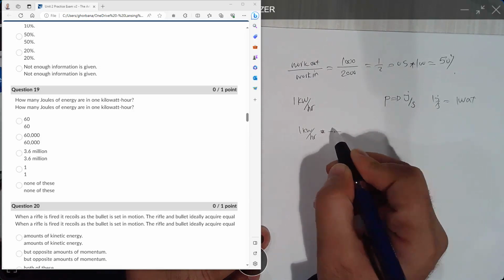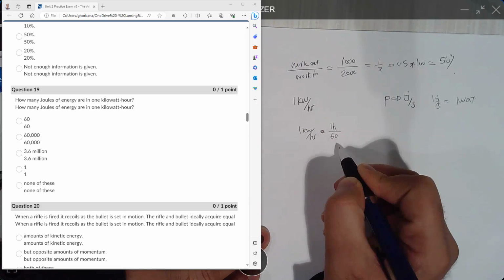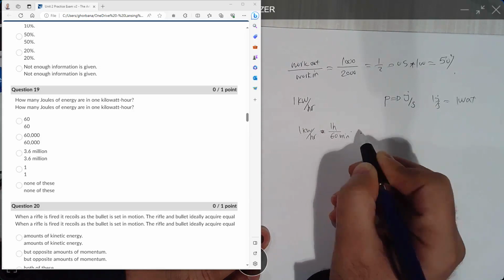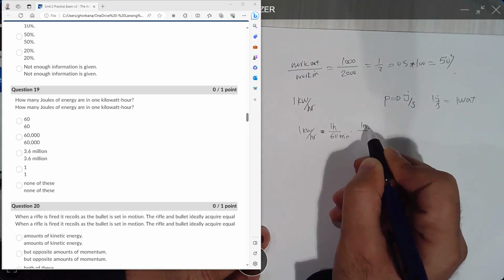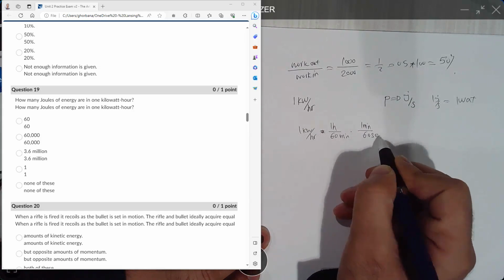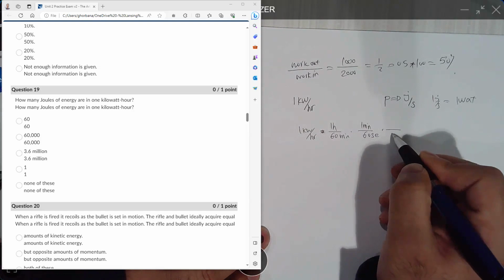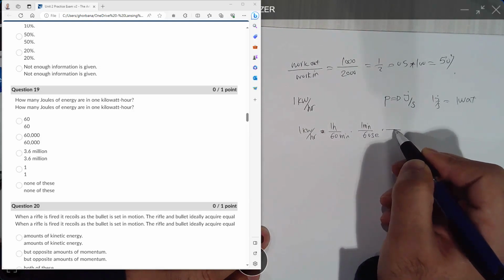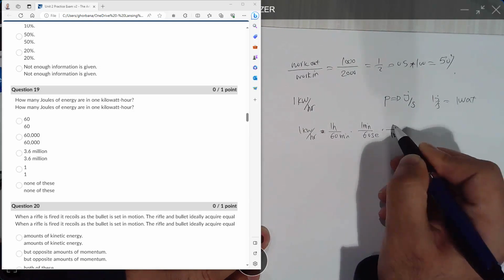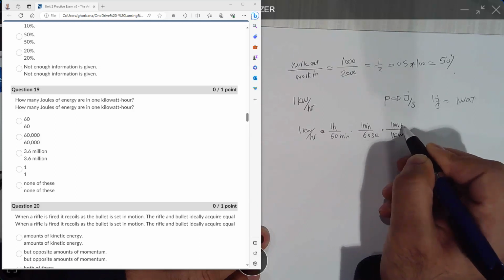We know that 1 hour is 60 minutes, and 1 minute is 60 seconds, and 1 kilowatt is 1000 watt.